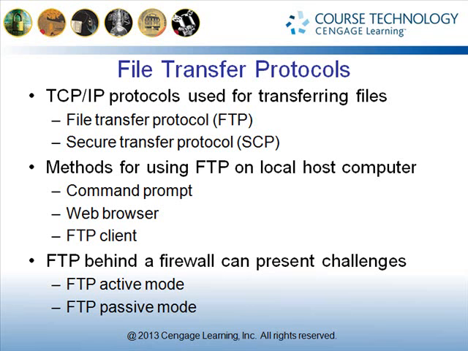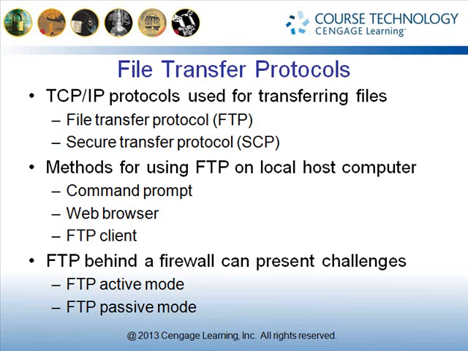FTP typically uses two ports. TCP port 21 is the FTP control port for passing FTP commands, and TCP port 20 is the FTP data port through which data is sent and received. Now, using FTP active mode, an FTP client initiates a session to a server by opening what's called a command channel connected to the server's TCP port 21.